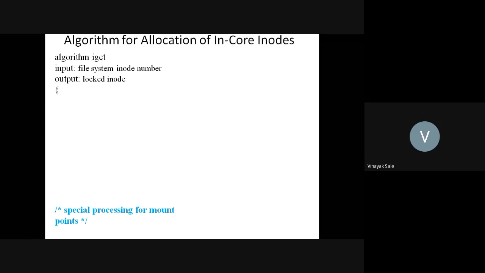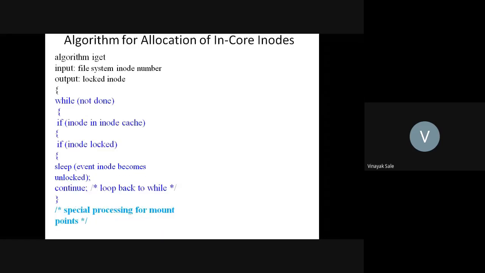The input is the file system inode number, and the output is a locked inode. While not done, if the inode is in the inode cache, then check whether the inode is locked.